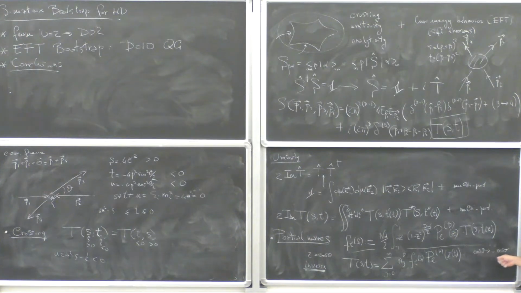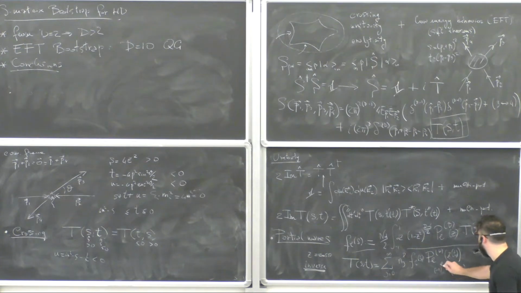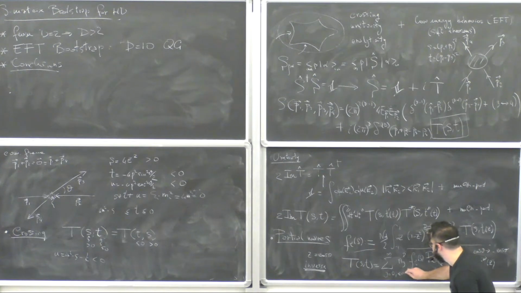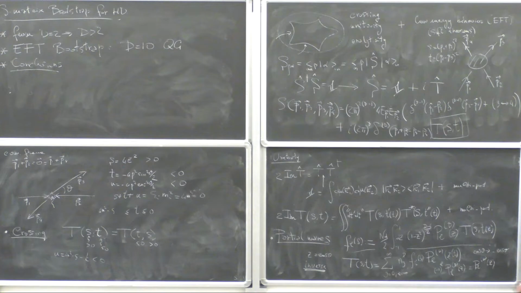If this function must be crossing invariant, since the partial wave with a minus sign here gives (-1)^L times P_L^d of Z, they have this parity property. Then it means that for identical particles, this sum is just done on the even spins.